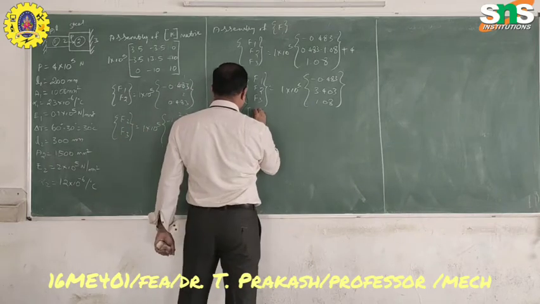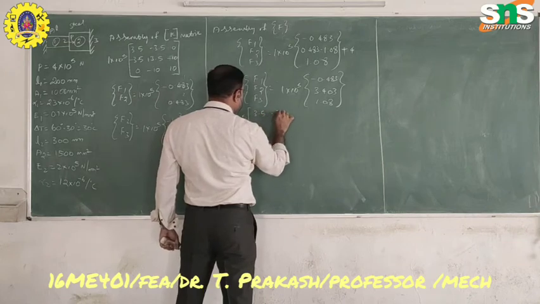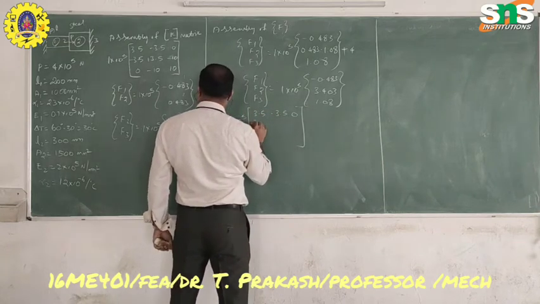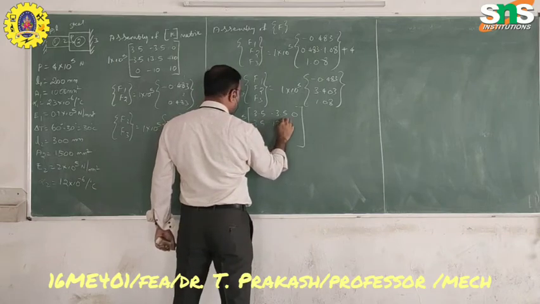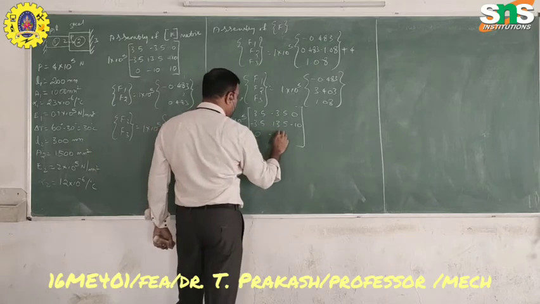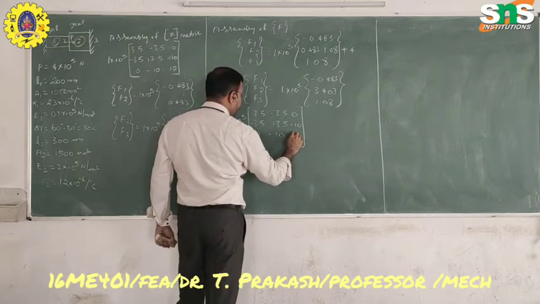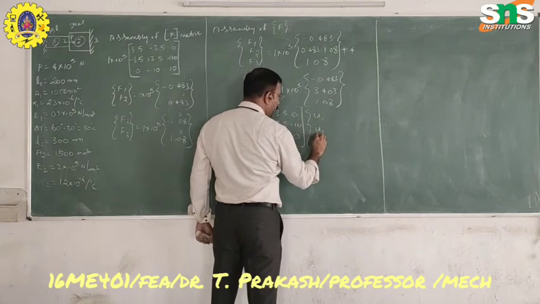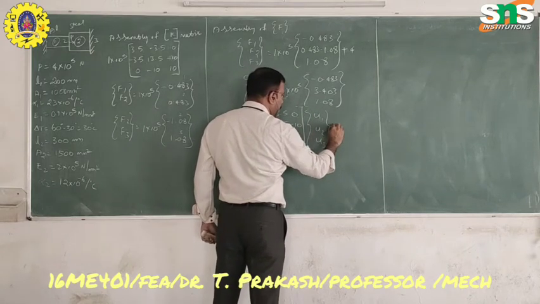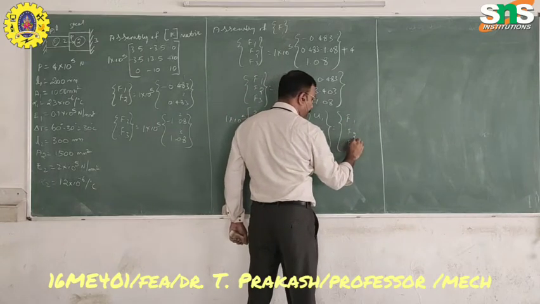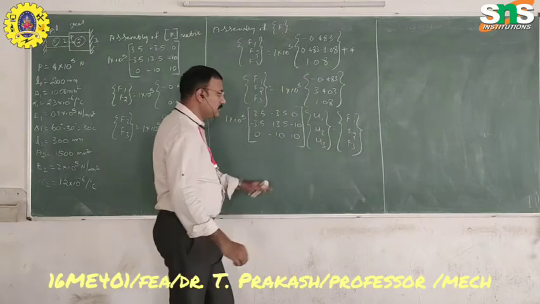K matrix: 3.5, minus 3.5, 0; minus 3.5, 13.5, minus 10; 0, minus 10, 10. Displacements U1, U2, U3 equal to F1, F2, F3. It is the assembled K matrix.